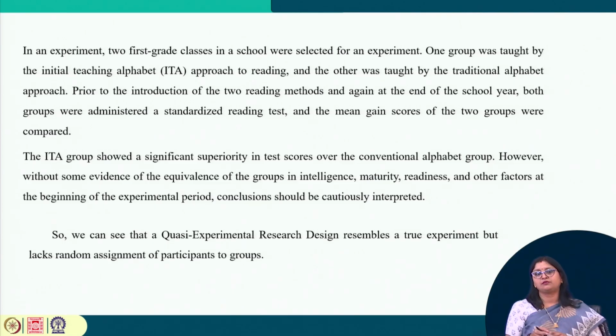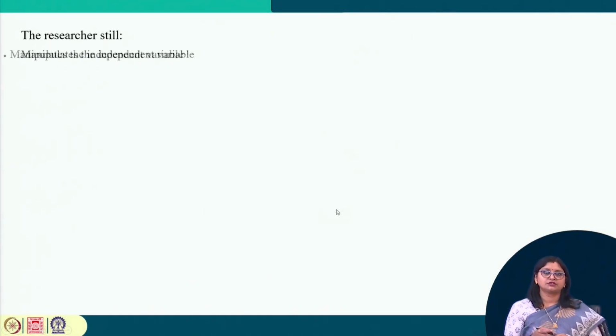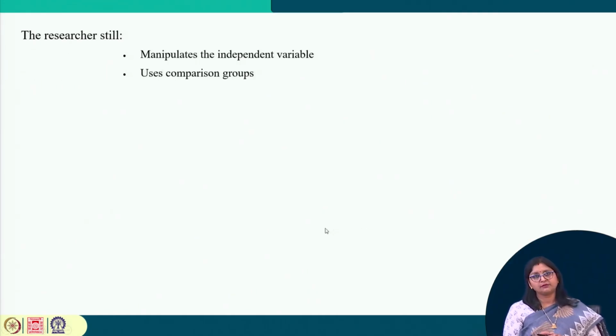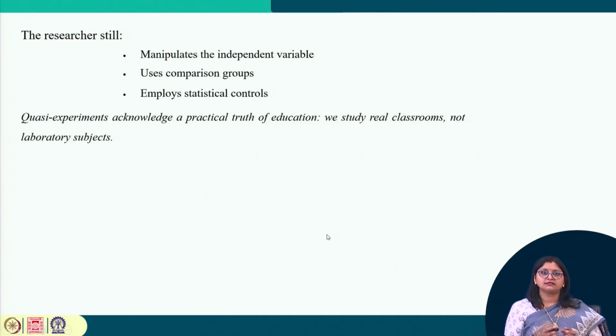The researcher still wants to manipulate the independent variable, use comparison groups, and employ statistical control. So, quasi-experimental researchers acknowledge a practical truth of education: we study real classrooms, not laboratory subjects.